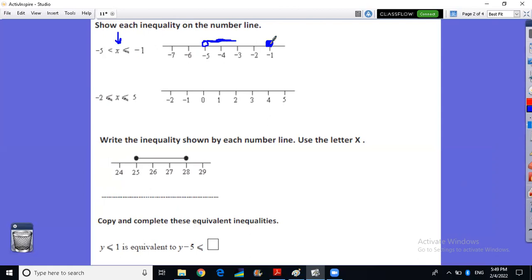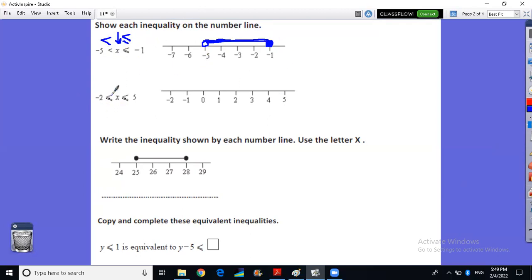I have to paint it. Guys, if this sign is not clear to you, it is just here, this way, less than or equal to, and this one here is only less than, okay? So since they said here that x is greater than -5, no equal, we left the circle open, and then we connect them. That's it. This is how we show the inequality on the number line.